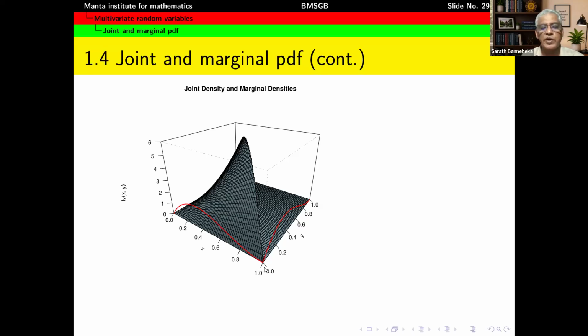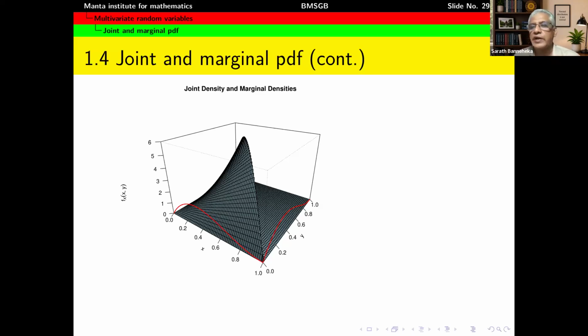X can be between 0 and 1, y can be between 0 and 1, but x plus y has to be less than or equal to 1. So this surface here given by 24 times xy is defined only on this triangle on the left, right? On the triangle on the right, of course, the density function is 0, right? So this is what the joint density function looks like.